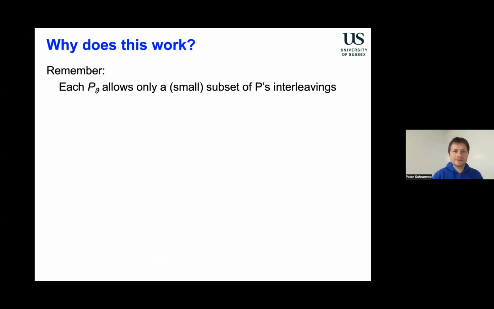So why does this work? We're performing a trade-off here. With each P data we reduce the number of interleavings, which makes it easier for the verification tool to analyze that instance. So each instance is smaller and easier to solve for the verification problem.